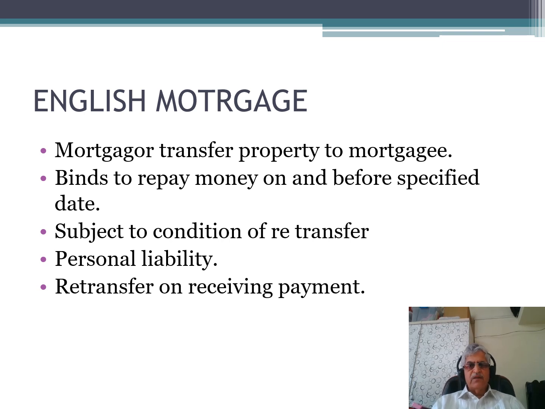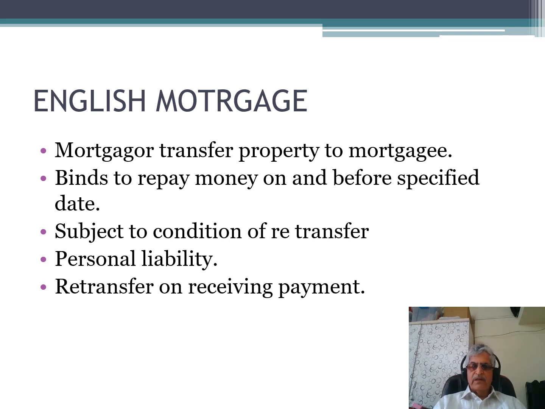This is not usufructuary, where you just get the property and enjoy that property till the entire amount is paid. There, there is no time limit. Here there is a time limit. Then here also, on the residue, the personal liability is there. Means all the property has been transferred in favor of the mortgagee.